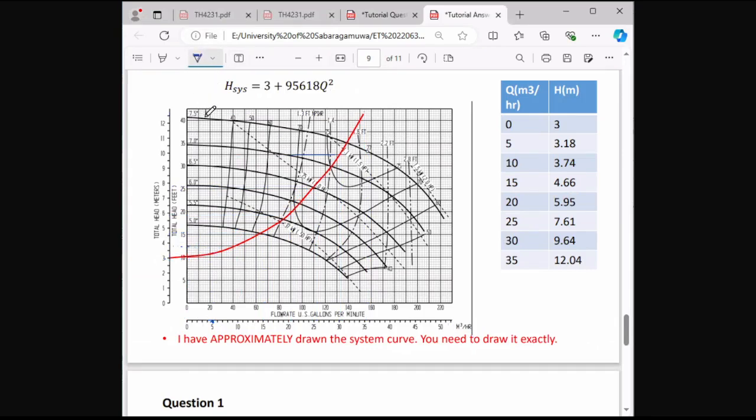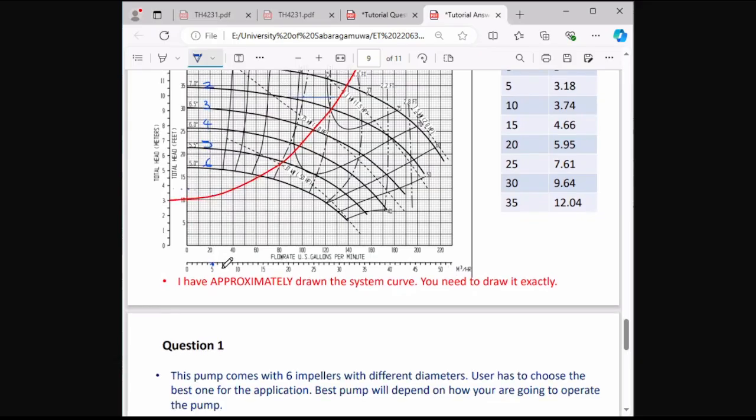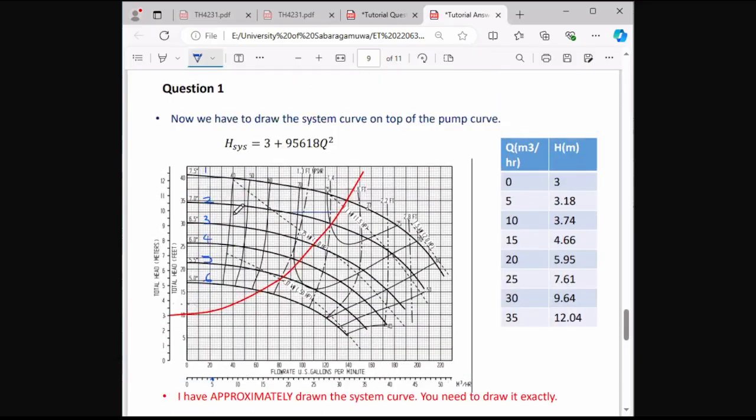You can identify the first curve here, second curve here, third curve here, fourth, fifth, sixth. Okay, these curves indicate impeller sizes. Impeller sizes you can identify using this point.